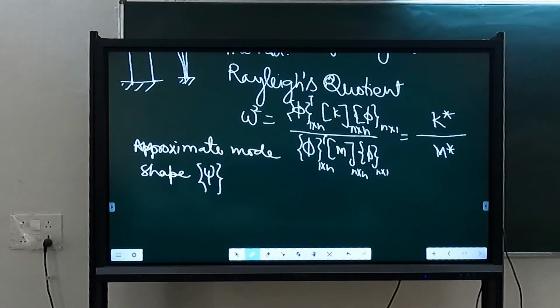And it has been observed that the error in frequency is much less than the error in psi, the mode shape. So even if you have got an approximate mode shape, you can predict quite accurate frequency using Rayleigh's quotient.